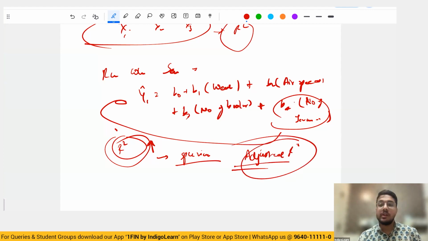We use adjusted R square instead of R square for understanding how much variation in the model can be explained. Everyone able to understand and follow the concept till now?